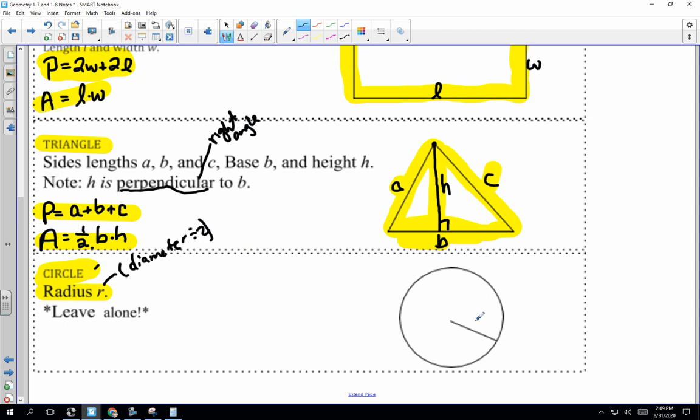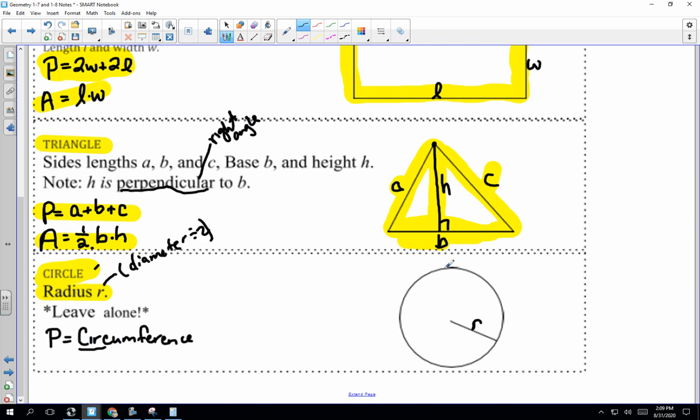We're going to label radius R. Okay, so we're going to go the perimeter of the circle is also called the circumference. So when it comes to a circle, think about this is like the first couple words in circle. Circle, circumference, it's the same thing as perimeter.